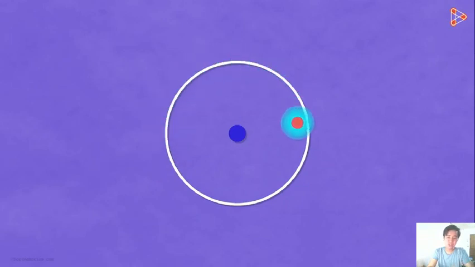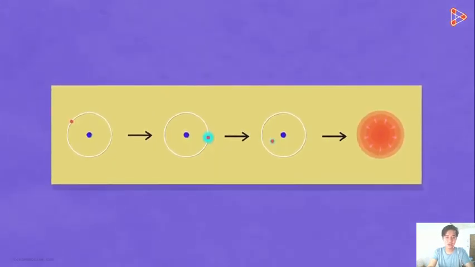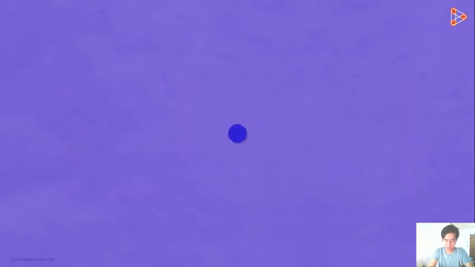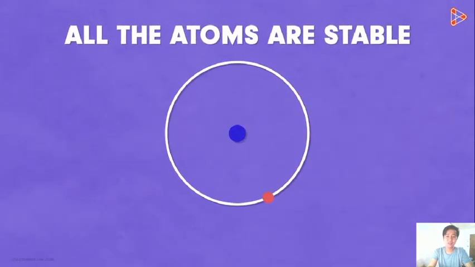If electrons fall into the nucleus, the atoms would collapse. But that does not happen in all atoms, because by nature atoms are stable. Okay? So all atoms are stable.